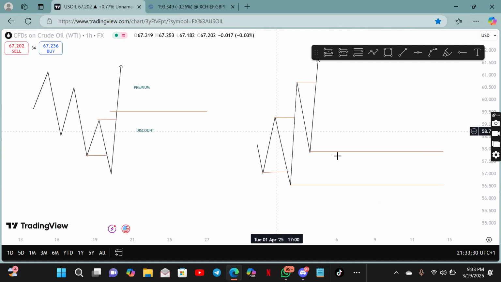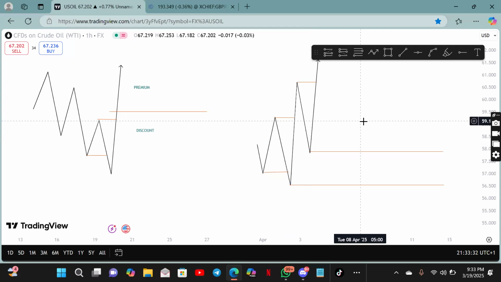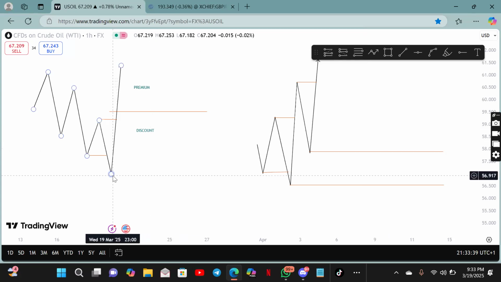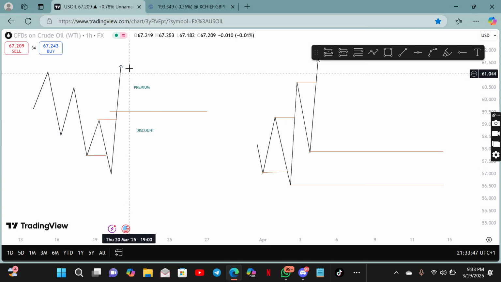Sorry, I want to ask. This transactional liquidity here, can it be the same thing as POI? No. Transactional liquidity. How do you get transactional liquidity? When you have a transaction is when there is a breakout of the trend. Like this is a trend, and you see a breakout like this of the trend. This automatically becomes a transactional liquidity.